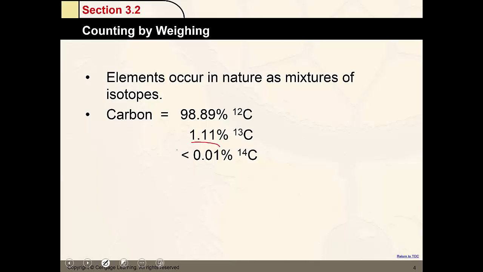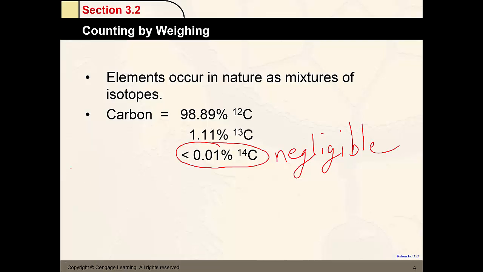And this one, the carbon-14, since its percentage is less than 0.01%, we're going to say that's negligible. So we are going to ignore it when we calculate the average atomic mass of carbon.